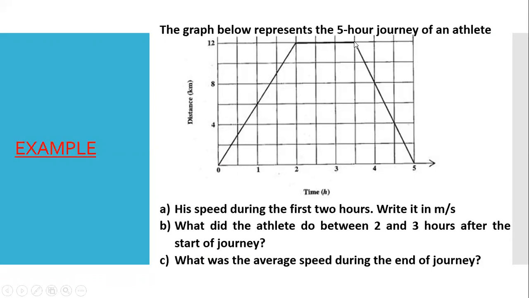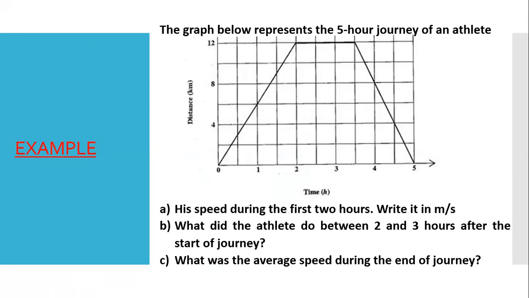See, this is the maximum distance traveled, 12 kilometers, and zero, suppose, was the starting line, your home, and then the athlete, or the body, did a journey back home. So this is what is happening in the graph. Over here it's speeding up, over here it's slowing down, and over here the body is at rest. This is the sort of picture that you're getting.